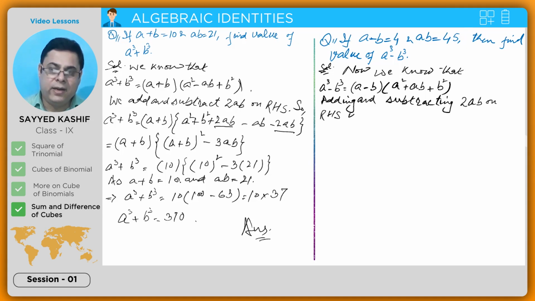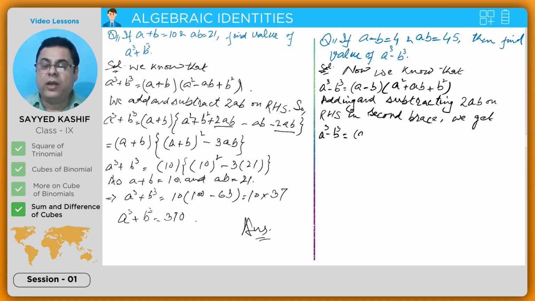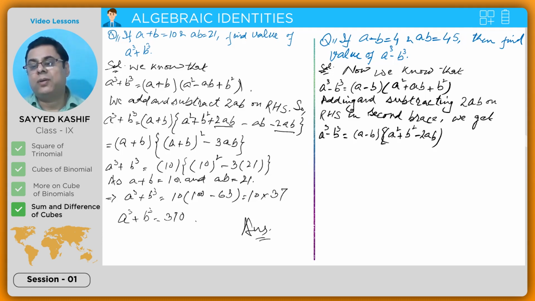Again, adding and subtracting 2ab on the right hand side in the second brace, we get a cube minus b cube is equal to (a minus b) into (a square plus b square minus 2ab plus ab plus 2ab).